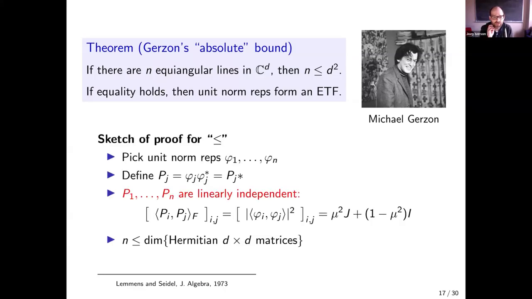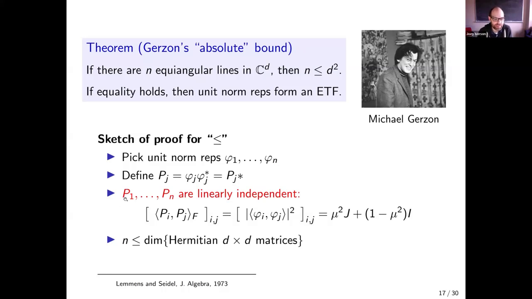So I'll just sketch the proof here, because it's a beautiful proof, and it's actually quite simple. You take unit norm representatives for those lines, call them phi_1 through phi_n, and then you make the orthogonal projections onto those lines. So P_j is phi_j phi_j star, the orthogonal projection onto the span of phi_j. That's a self-adjoint matrix, of course.